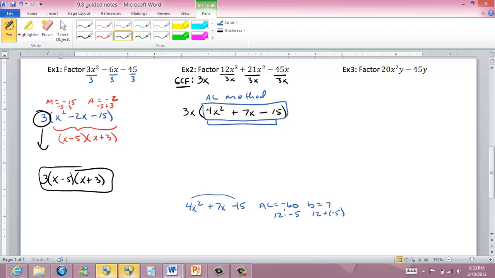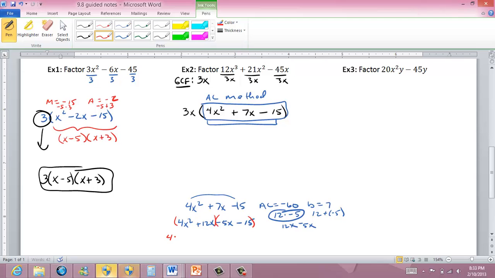So, remember, I'm going to break that bx term up into 12x and negative 5x and rewrite the problem as 4x squared plus 12x, minus 5x minus 15. Then I group the first two terms, the last two terms.